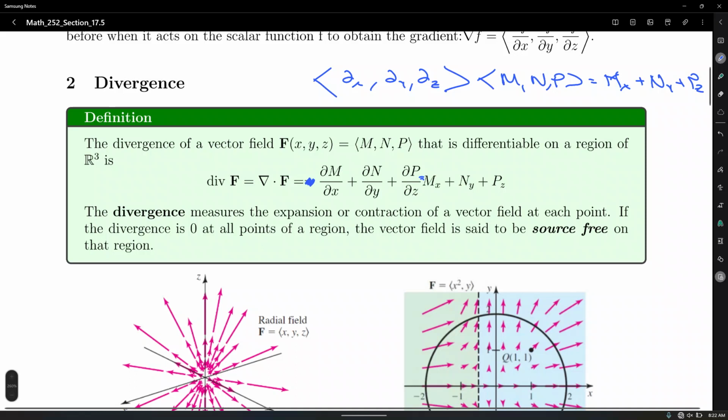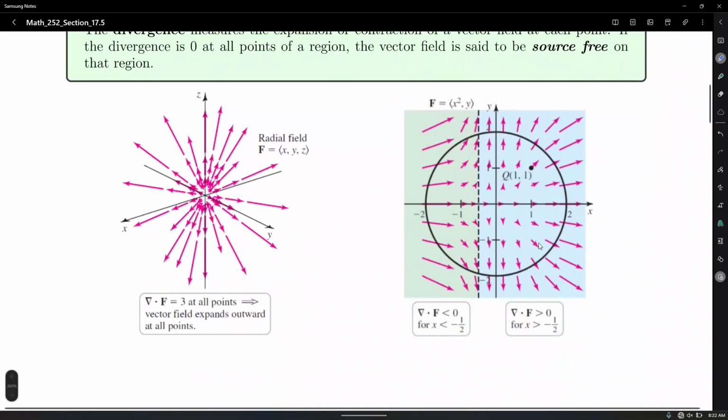Here's the thing: if the divergence equals 0 at all points of the region, then we say that the vector field is source free in that region. Depending on the direction of these vectors, you could have a sink, you could have a source, or at that point it's source free. There's nothing coming out, nothing coming in.